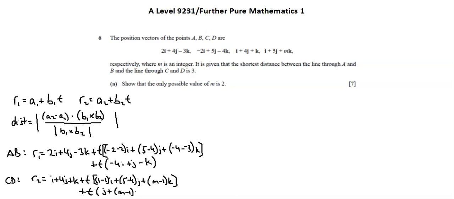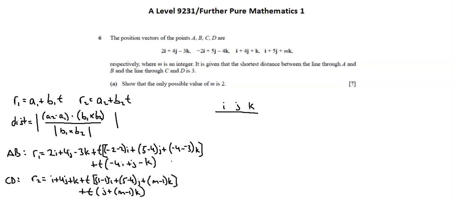Now to find the vector product of b1 and b2, I'm going to set up the vector determinant. I will have i, j, and k.